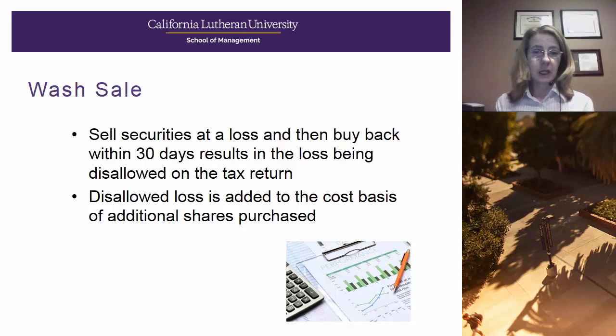So for instance, if you buy the Vanguard 500 Index Mutual Fund or ETF, you sell it, and then the next day you buy the Barclays equivalent S&P 500 Mutual Fund Index or ETF, those technically are different funds, even though they're substantially the same security. They have different ticker symbols, and so you will not run afoul of the wash sale rules. However, if you sell Microsoft at a loss and you buy it back the next day or in 15 days, that loss is disallowed.